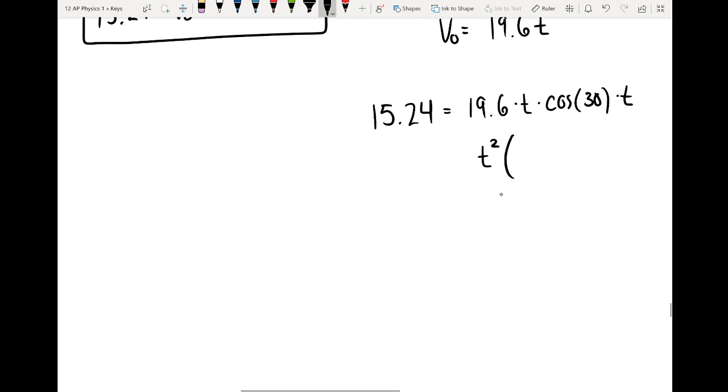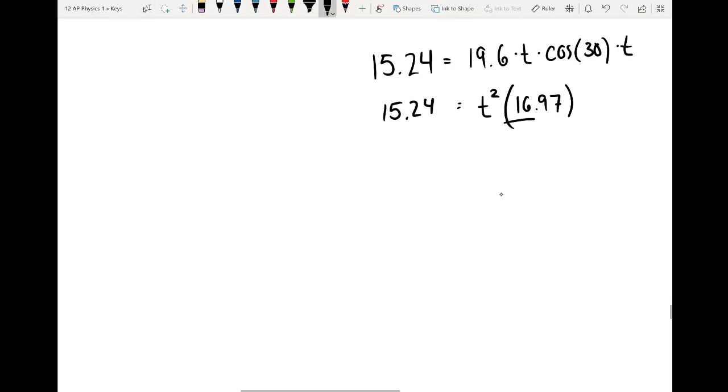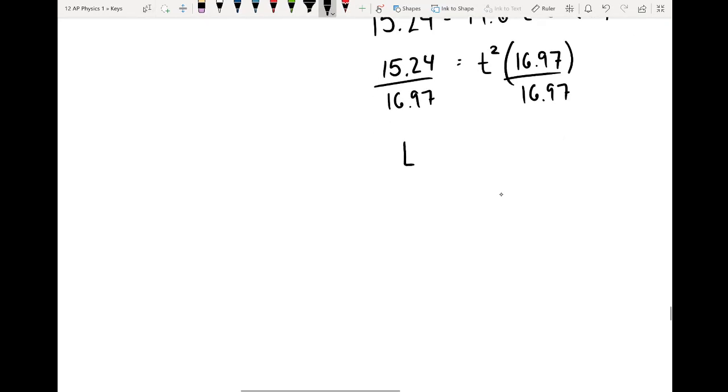So t squared times 16.97 is equal to 15.24. Then I can divide both sides by 16.97. So t squared is 0.8, yeah, there we go.